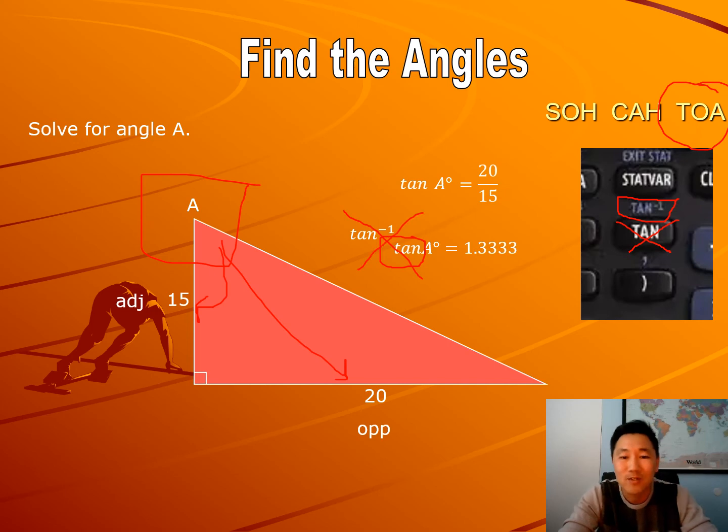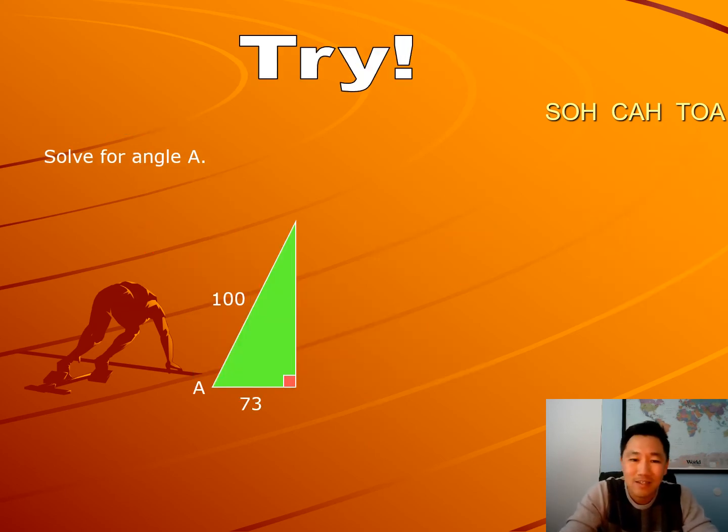That cancels the tangent. But remember, in algebra, whatever you do to one side, you have to do to the other side. So you also have to tangent inverse the other side. And when you push tangent inverse 1.33333, you get about 53 degrees. All right, let's try another one of those.